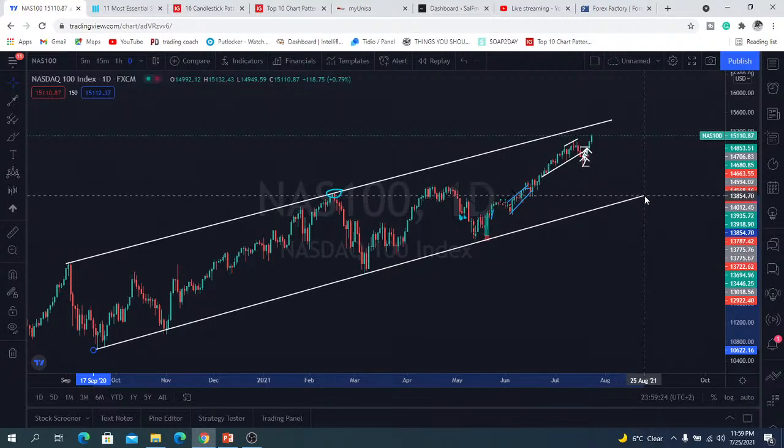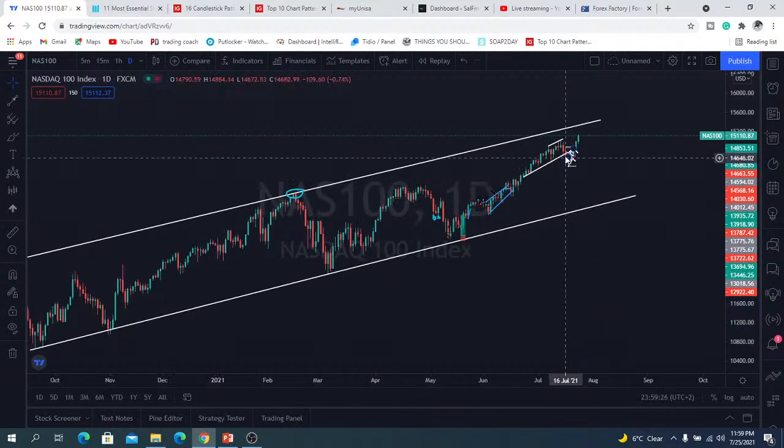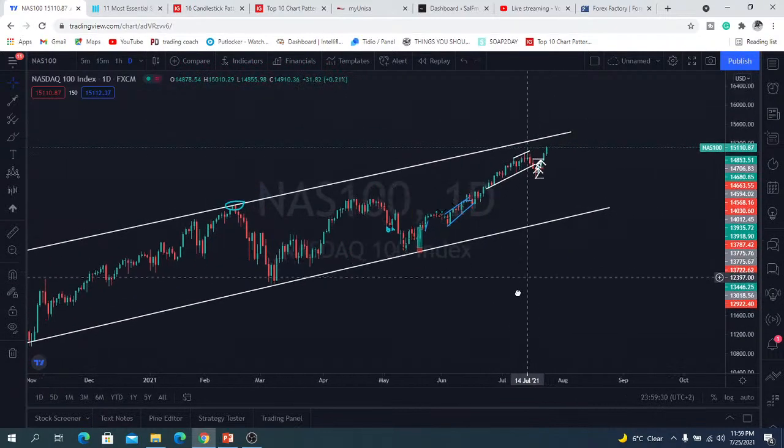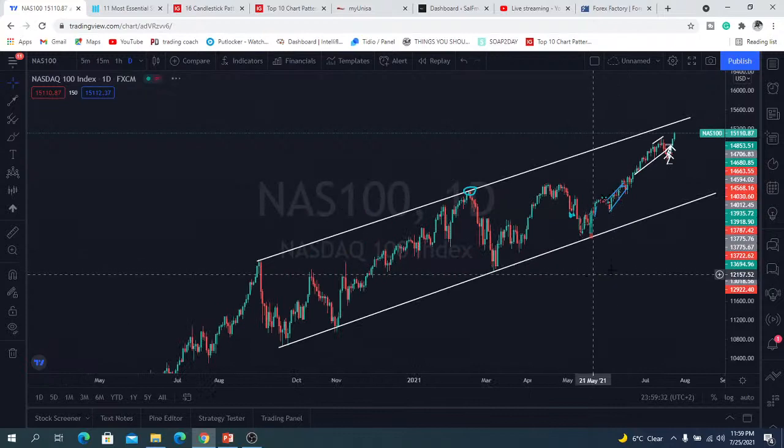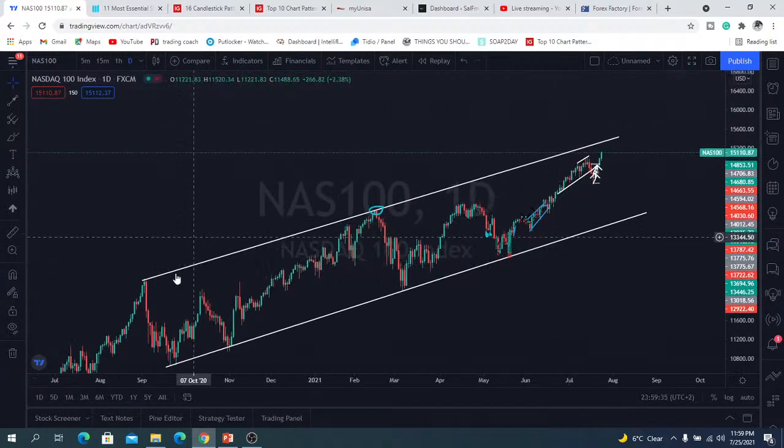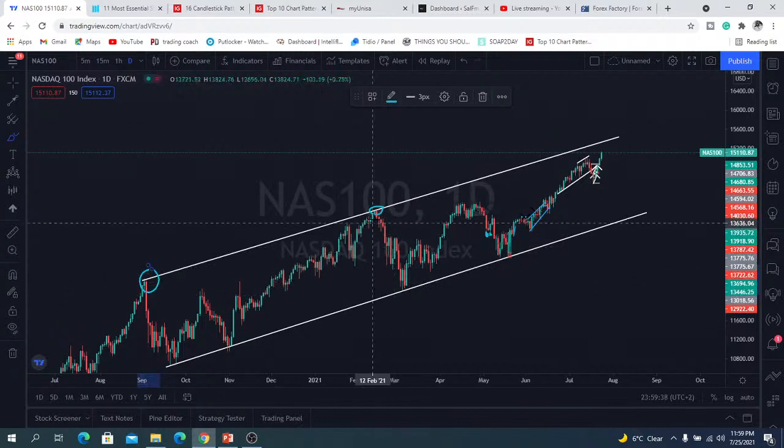So we have a new higher high, and we are now looking forward to a third touch on a trend line. This is the first touch right here, second touch right here. We are anticipating a move to the upside to give us a third touch before we can drop.